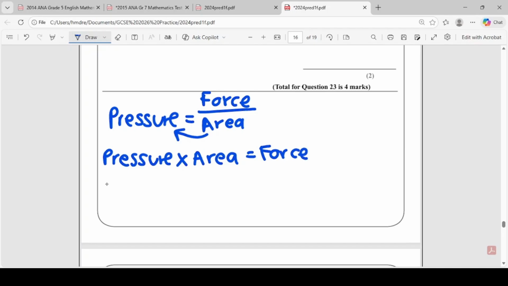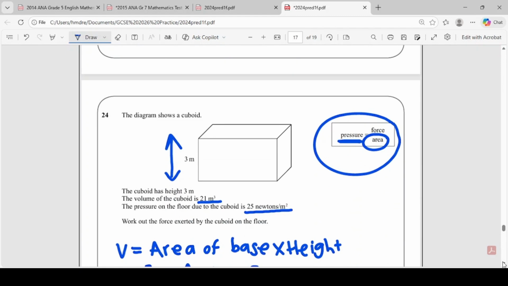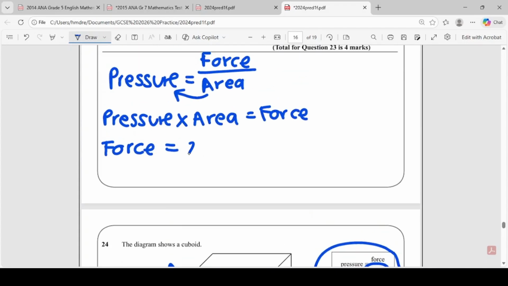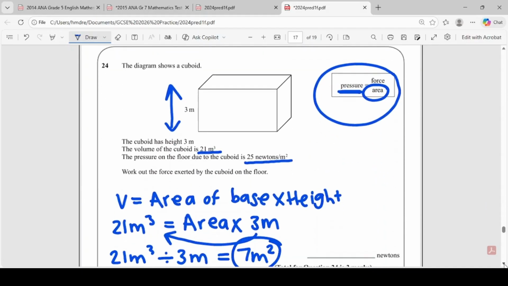And then let's sub in our values here. So they tell us the pressure. Let's see what that value is. The pressure is 25 newtons per meter squared, times the area, which we've just worked out to be 7. That is correct.